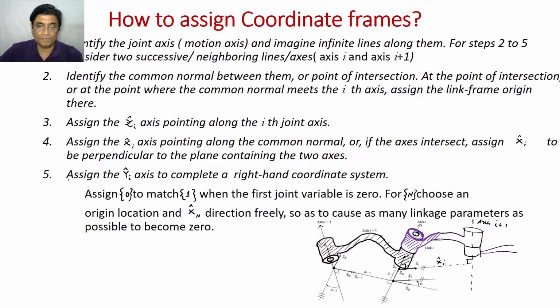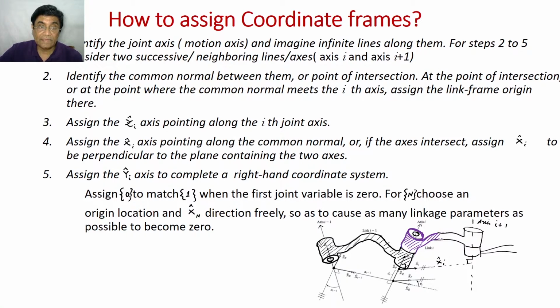Now assign yi to complete the orthogonal coordinate frame. Also, even if y is not known, the x axis will be perpendicular to the z axis. Now an important issue is, these are all for the serial kinematic chain, but how about the zeroth link and the last link?